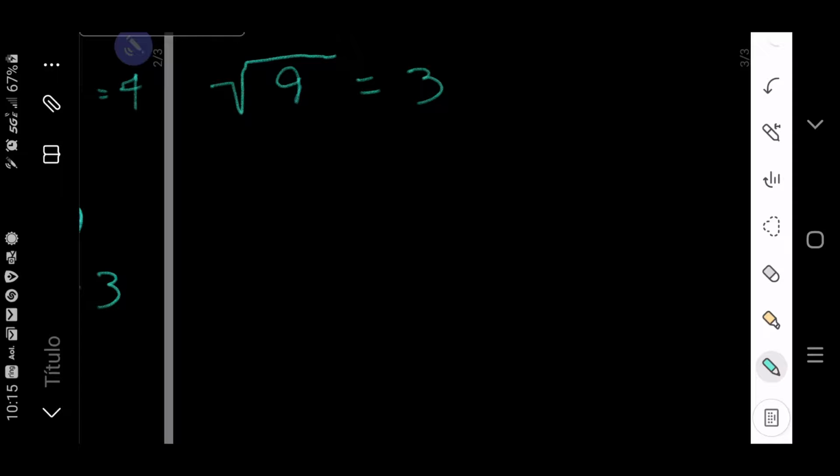So the radical sign is used to designate the non-negative square root. And this is positive 9, but we don't have to show the positive. So the square root of positive 9 is 3. And we will determine the square root of a negative number in a future video.